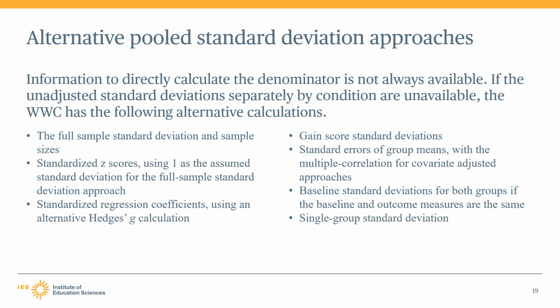If the study authors report the baseline outcome correlation, the WWC will calculate the pooled standard deviation using the gain score standard deviation. This conversion approximates the pooled standard deviation of the post-test scores. Note that the WWC will not apply this conversion if the study did not report the baseline outcome correlation.